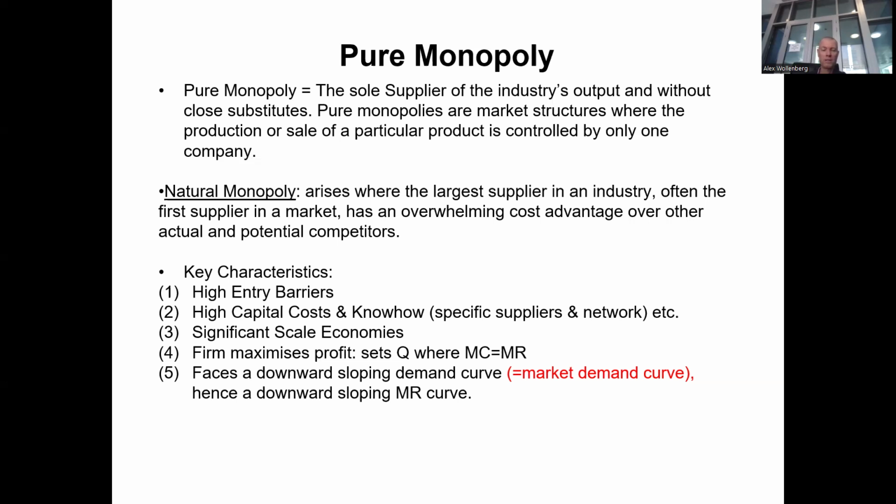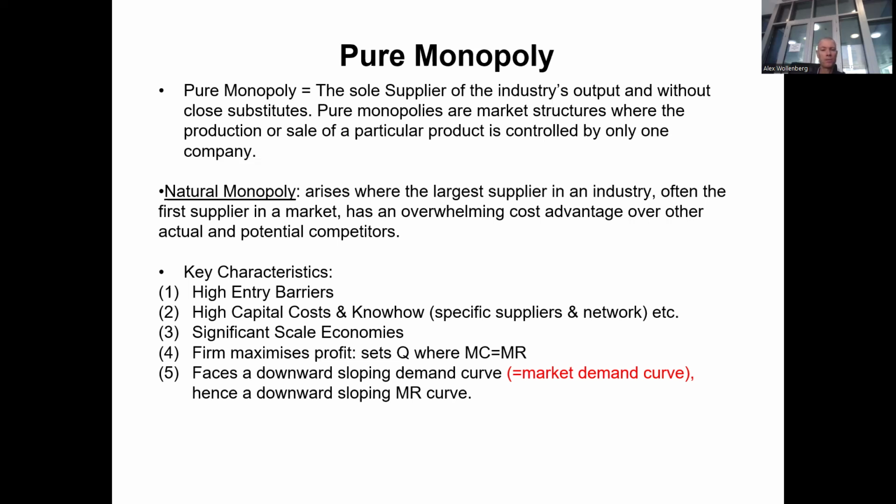Not everyone has that, and not everyone can simply build an electric power plant. That capability is very limited, and therefore entry barriers are high, and the company is protected.